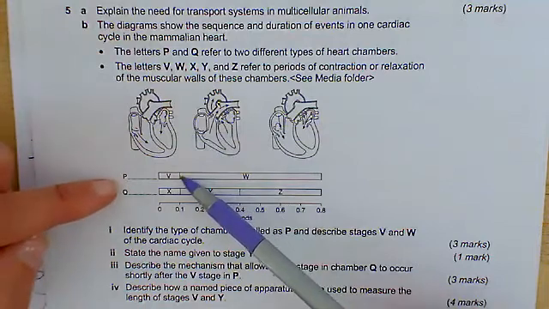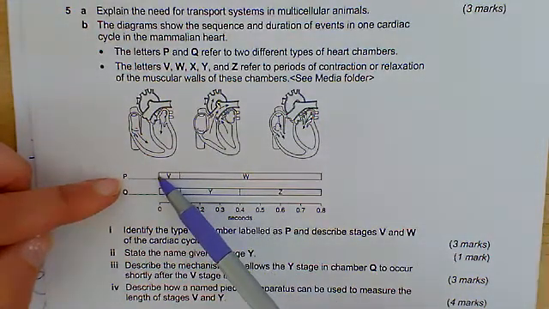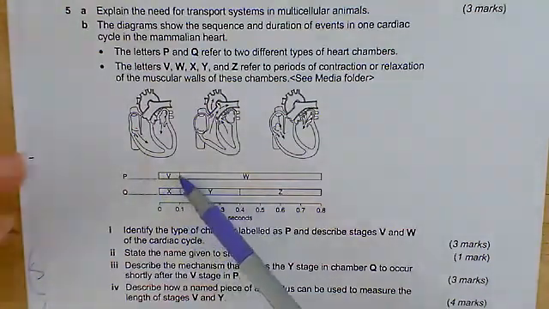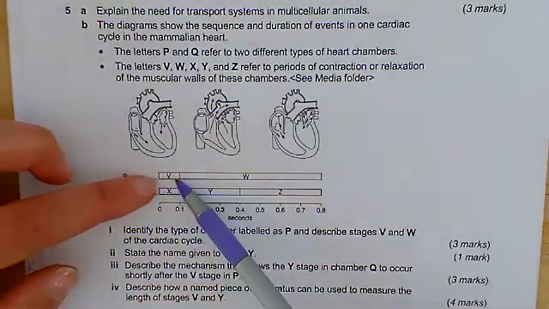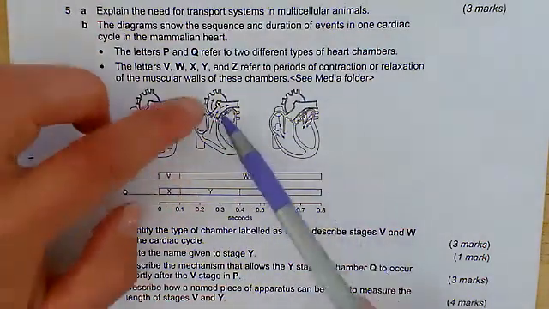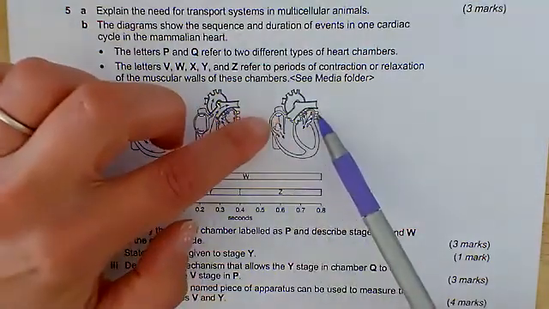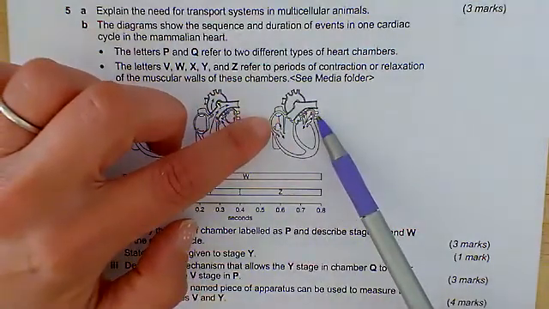So if we marry that to the diagram below, here we can see we've got one contraction or relaxation event, we don't know yet, which lasts a short amount of time, this bit here, and then a relaxation event which lasts for this period of time shown in this diagram and for this period of time shown in this diagram here.